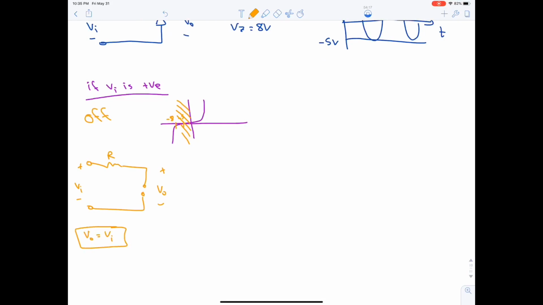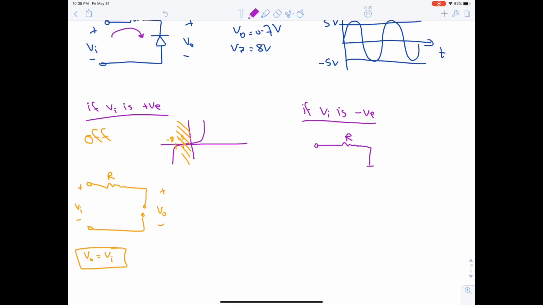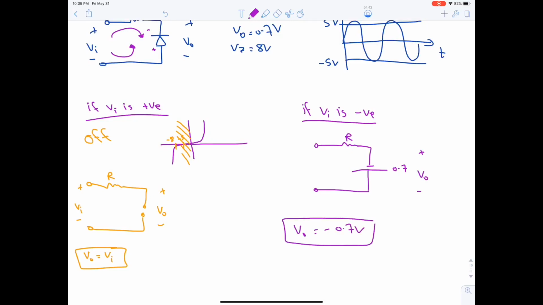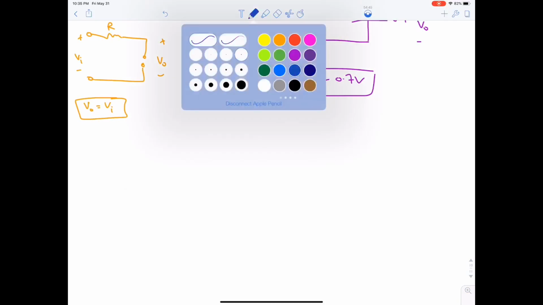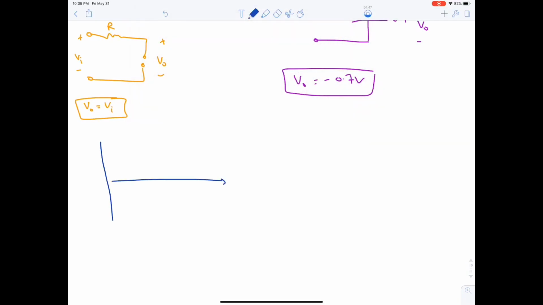If Vi is negative, the diode is on, it's like this because here's the positive and this is negative. Okay, 0.7. V output is minus 0.7 volt. Drawing the waveform and the VTC, voltage transfer characteristic.